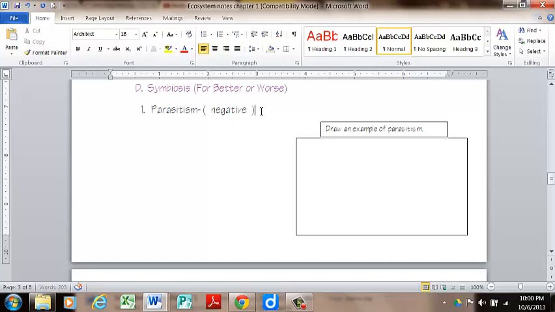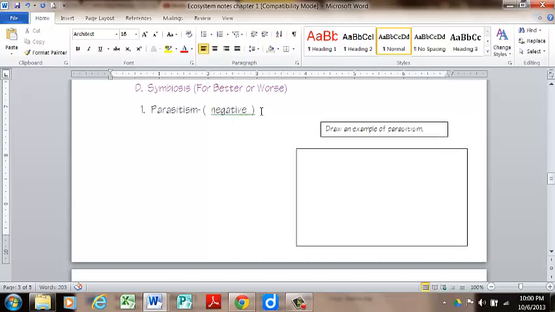So then in my notes, I'm going to go ahead and put in that an organism that feeds on another organism is called a parasite. Organisms that are fed upon are called hosts.